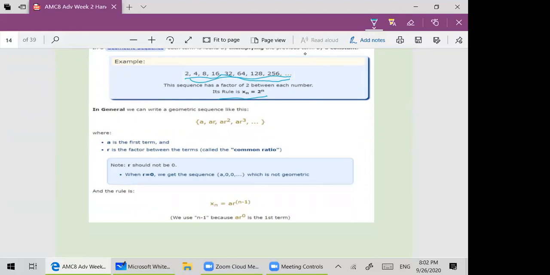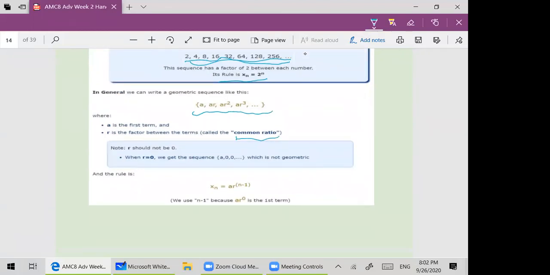And in general, this is what a geometric sequence looks like, where a is the first term and r is the factor in between each of the terms, also called the common ratio.